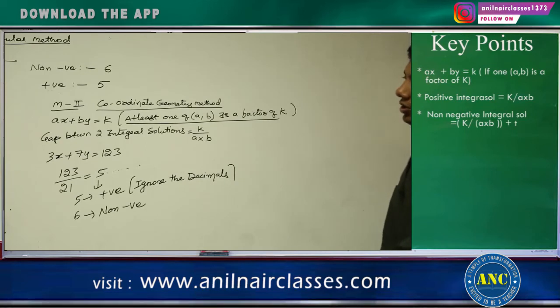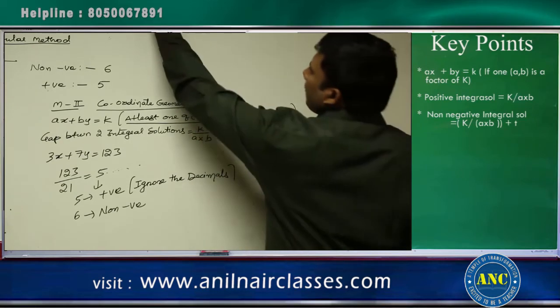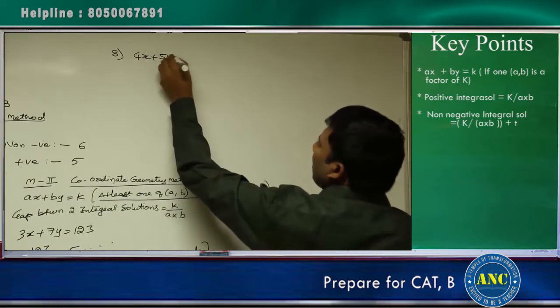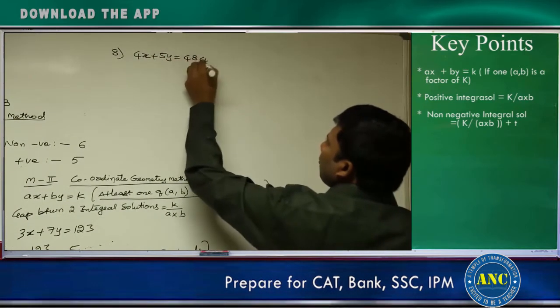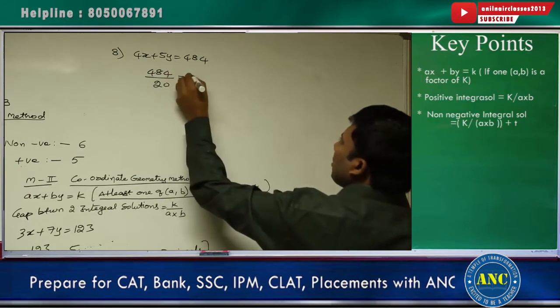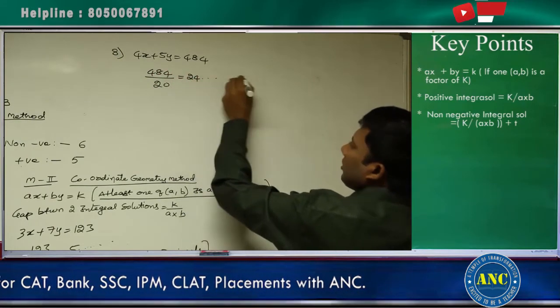Try to solve the 8th question orally. 4x plus 5y equivalent to 484. So 484 by 20 is 24 point something.